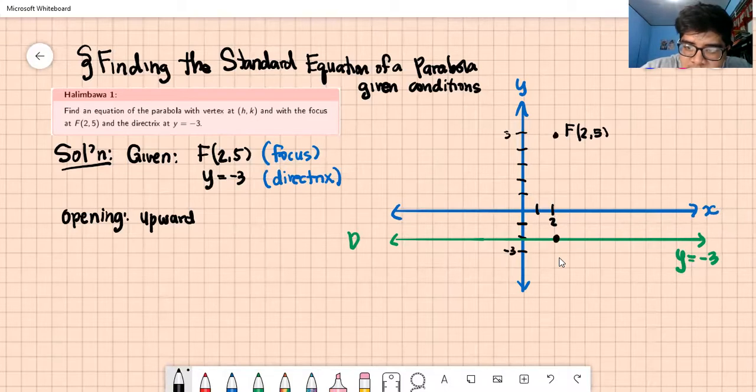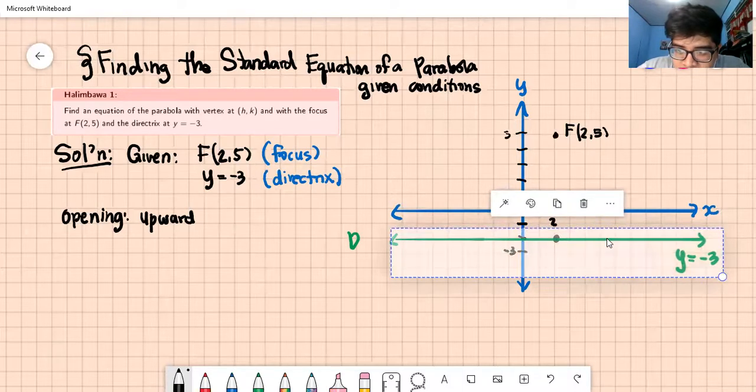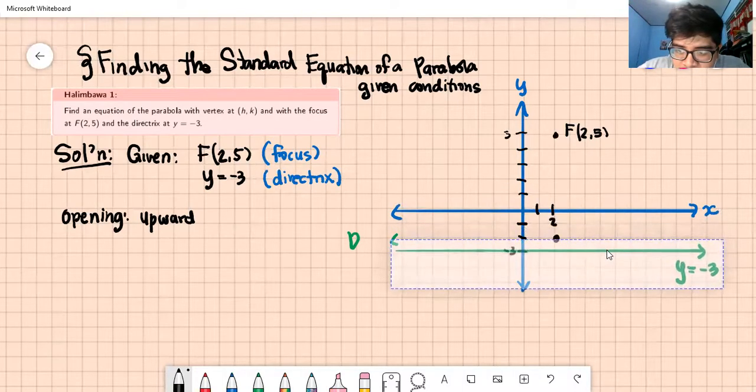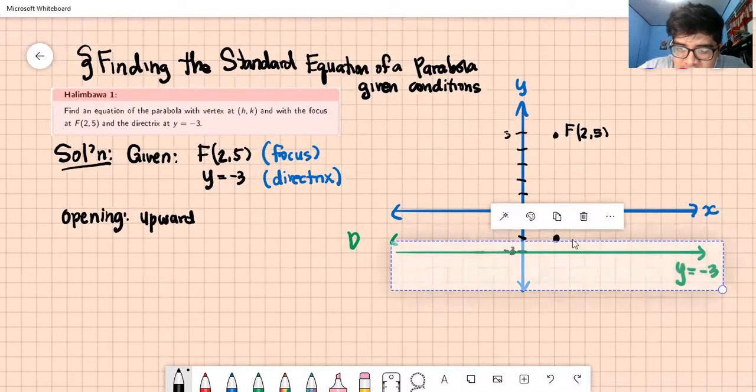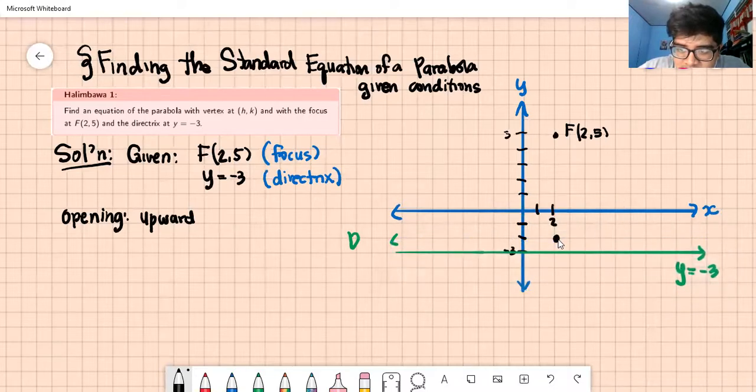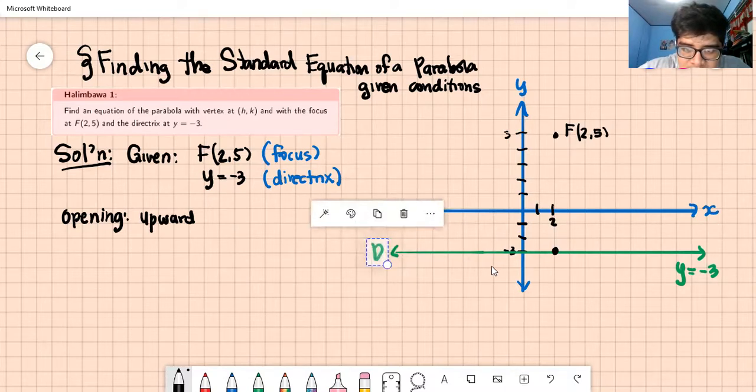Anong point yan? Una sa lahat pala. Ibaba natin siya dito kasi, di ba -3 nga? Tapos itong arrowhead, syempre, lilipat din natin dito. Kasi nga, -3 nga, bakit nasa -2 ka?